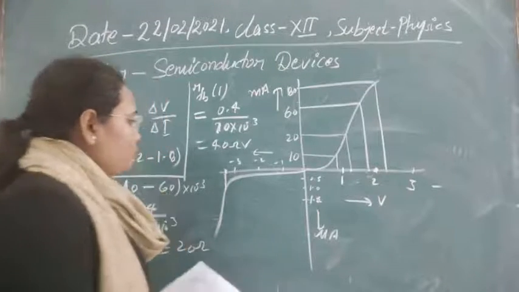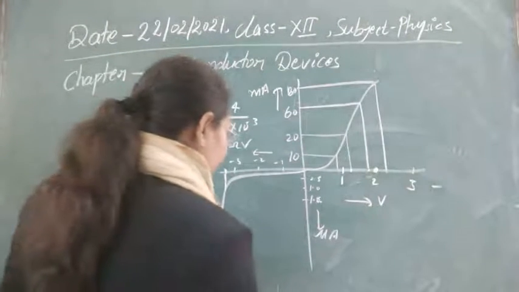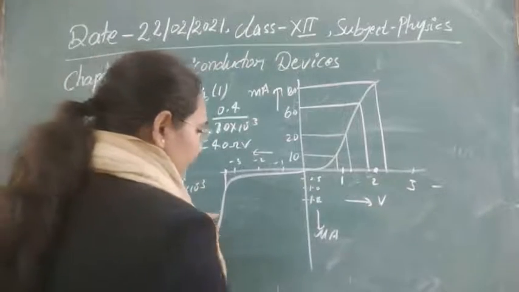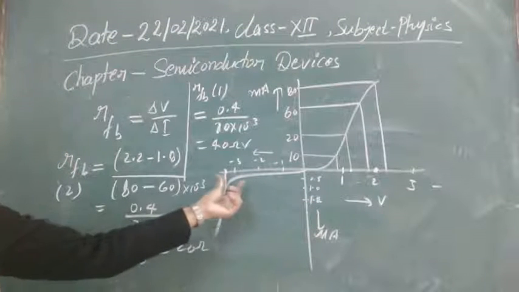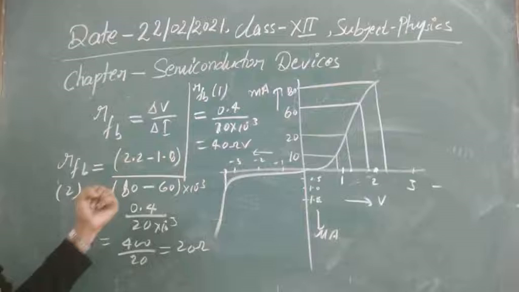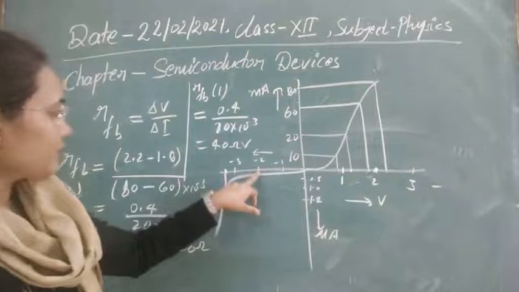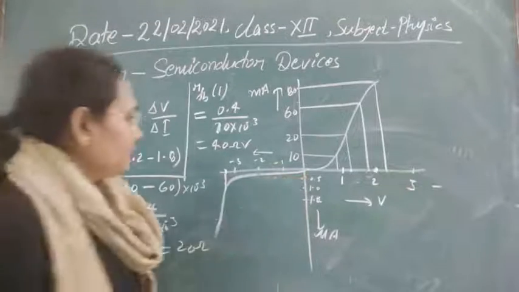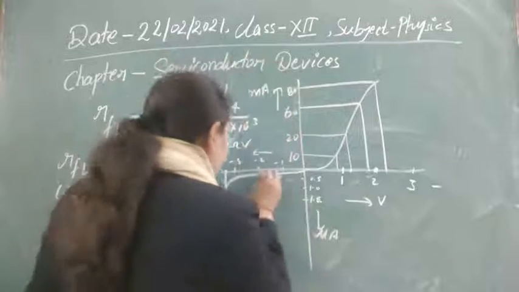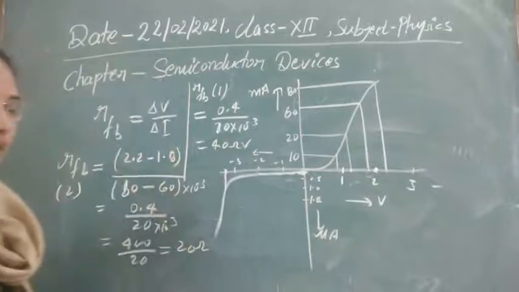At minus 2 volt, we can easily calculate it by using this graph. In this graph, the reverse bias resistance is simply given by voltage upon current. So at minus 2 volt, the current, if you look at the graph, is just here. So this is minus 0.25 microampere current.